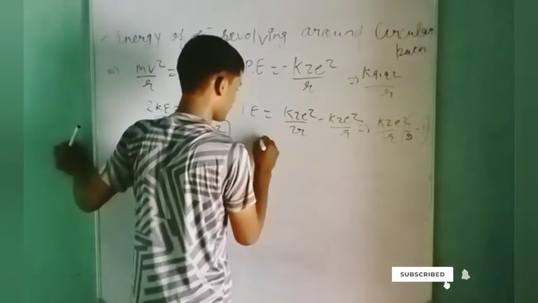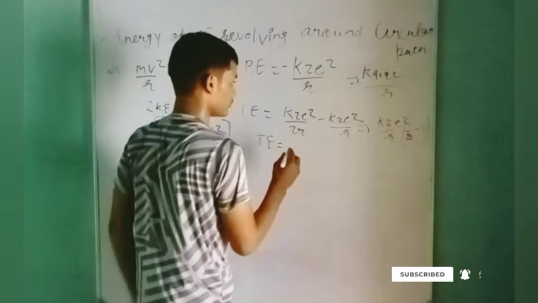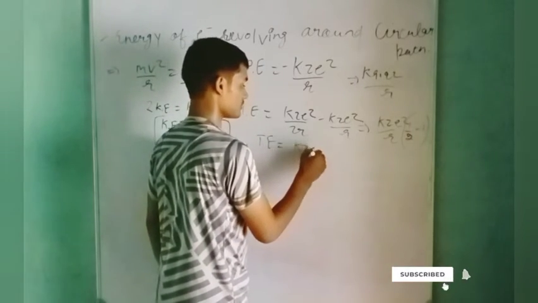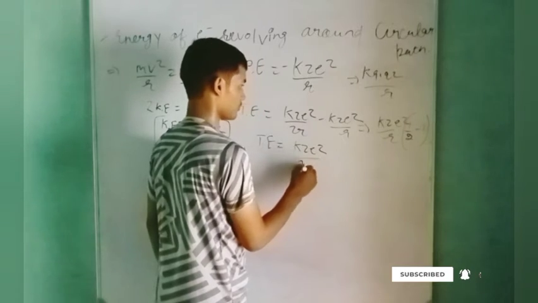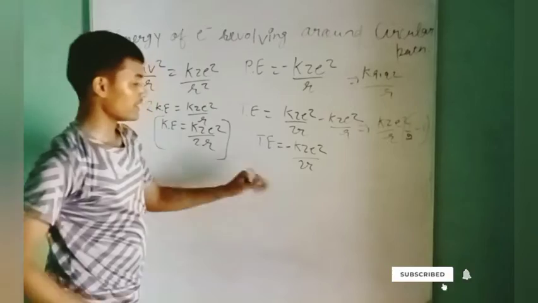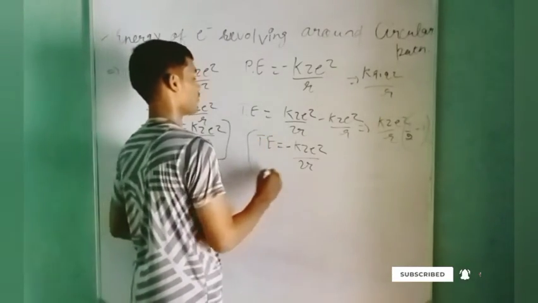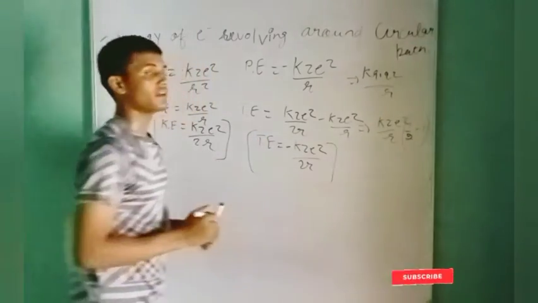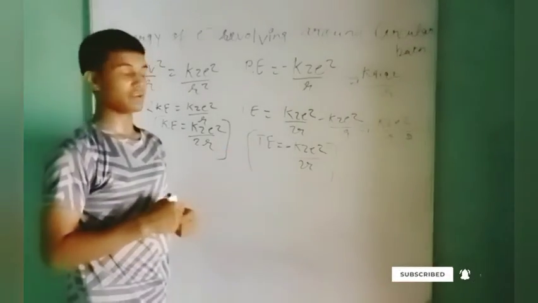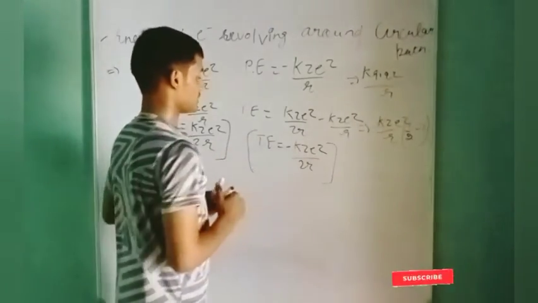So total energy is equal to minus kZe square upon 2r, and we write it here as En. So that is the total energy.